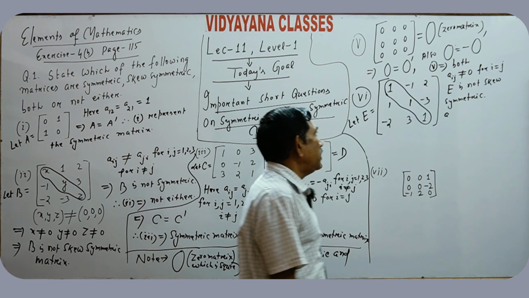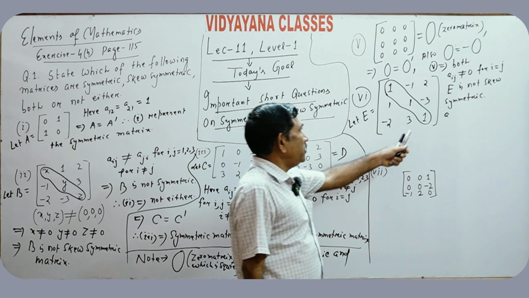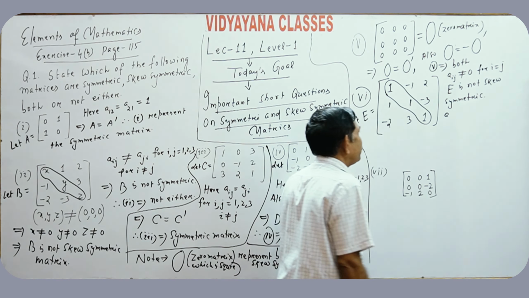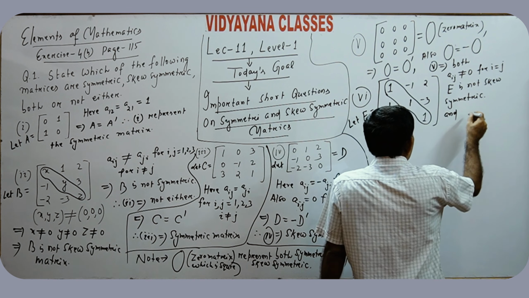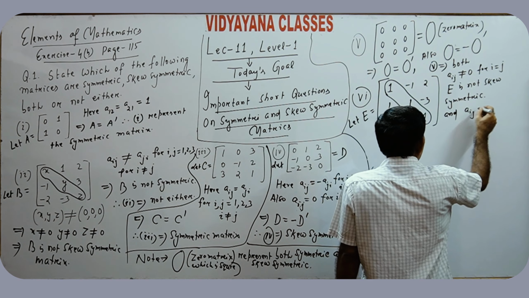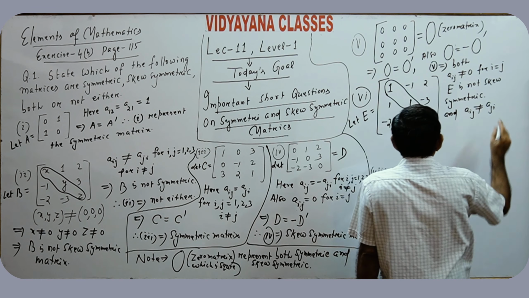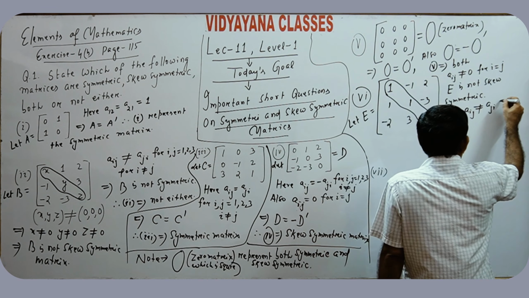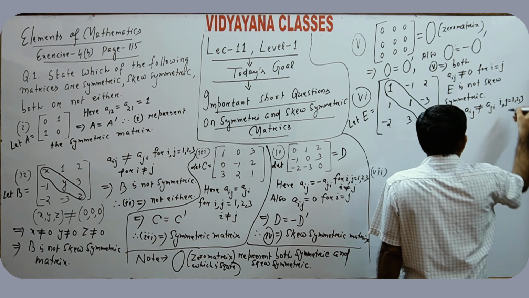That means the diagonal elements are not 0, so E is not skew symmetric, and Aij is not equal to Aji, where i and j vary from 1, 2, 3.